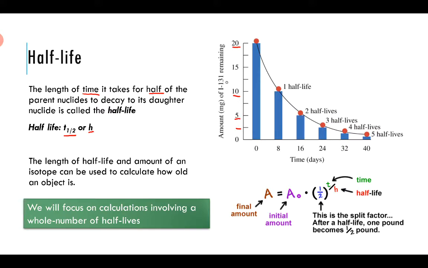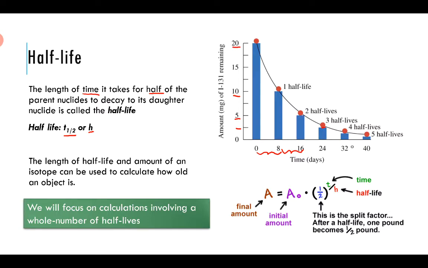And so that takes 3 half-lives to reach 2.5 milligrams. And then you would take a fourth half-life to reach half of that, and then a fifth half-life to reach half of that. And so a half-life is how much time it takes. So it takes 8 days to go from 20 to 10, and it takes an additional 8 days to go from 10 to 5.